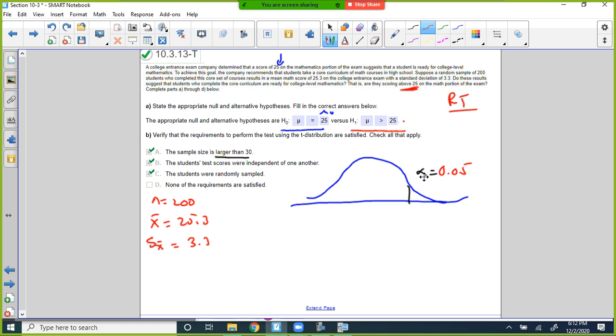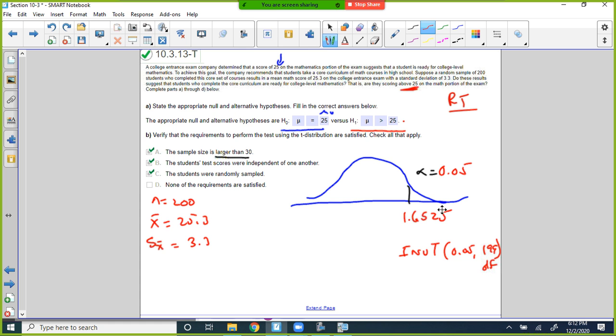Now, I can do this, and when I do it, it's going to give me a negative, okay? So if I do an inverse t, and I go, okay, it's 0.05 with 200, so it'd be 199. It's one less for the degrees of freedom, right? Degrees of freedom is 199, it's one less than n, right?